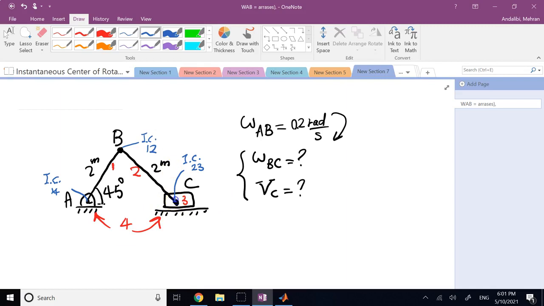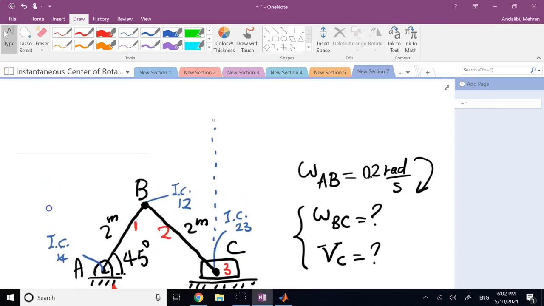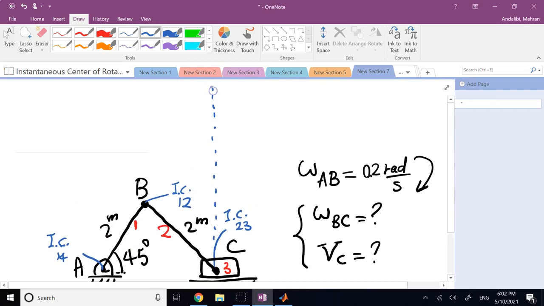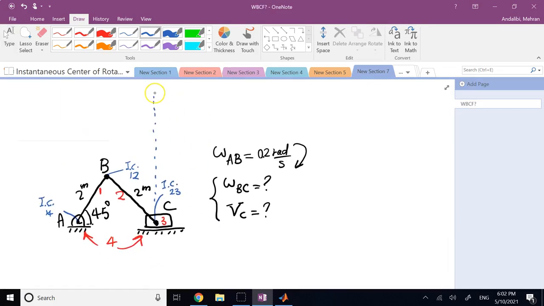So what we need is to draw a vertical line to the horizontal motion. And if I can continue this a little bit, the IC of 3 with respect to 4 is at infinity.